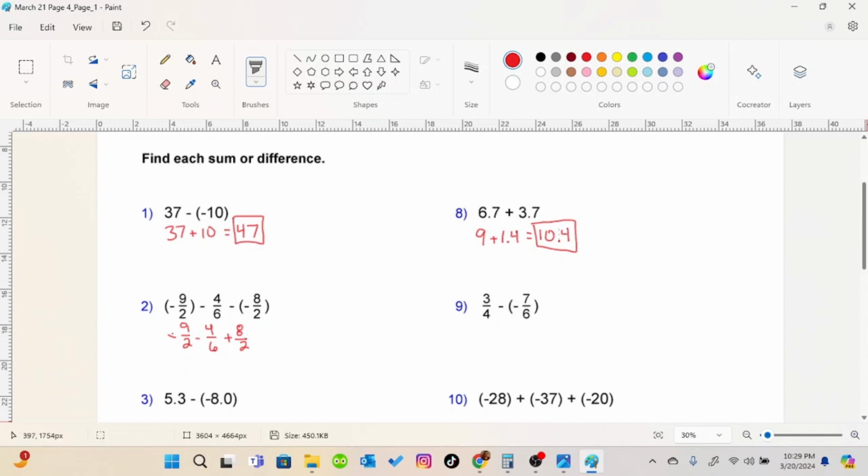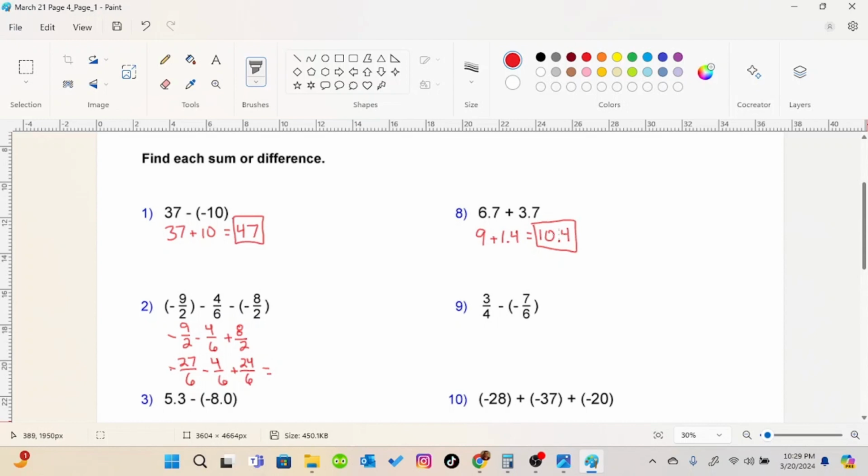So negative 9 halves is negative 27 sixths. And 8 halves becomes 24 sixths.